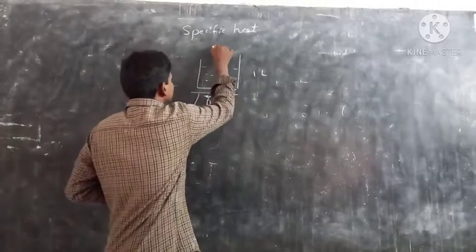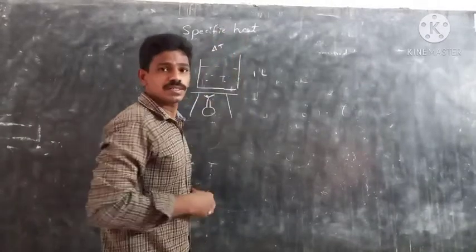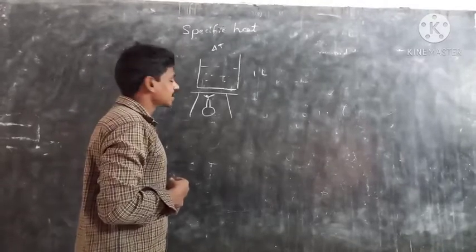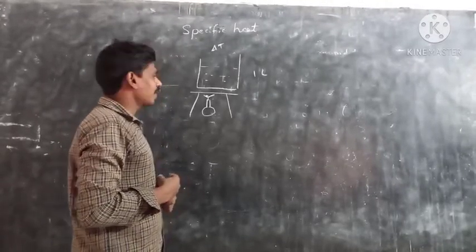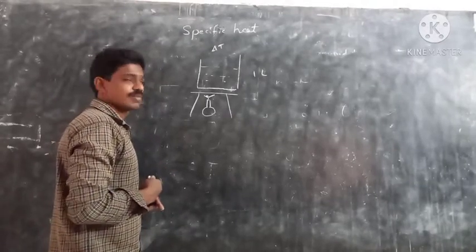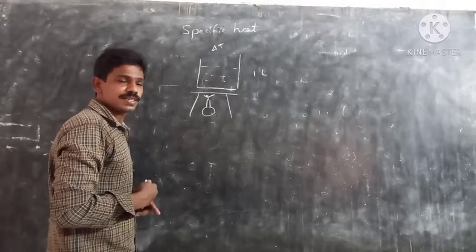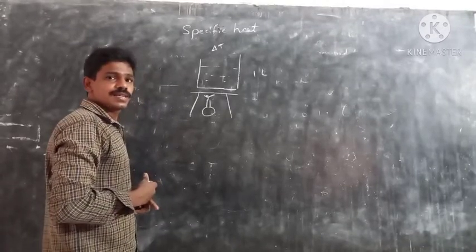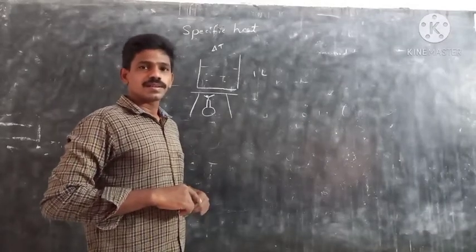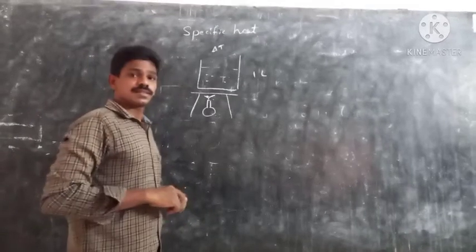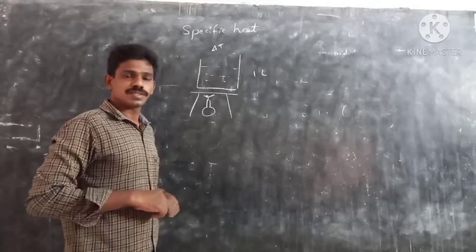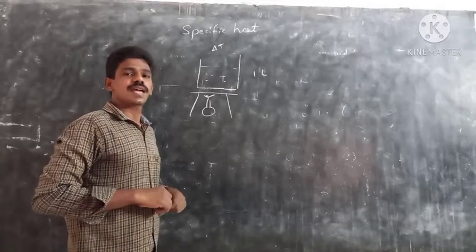The change in temperature, that means delta T, rises with time at a constant rate. That means delta T is directly proportional to the heat absorbed by it.